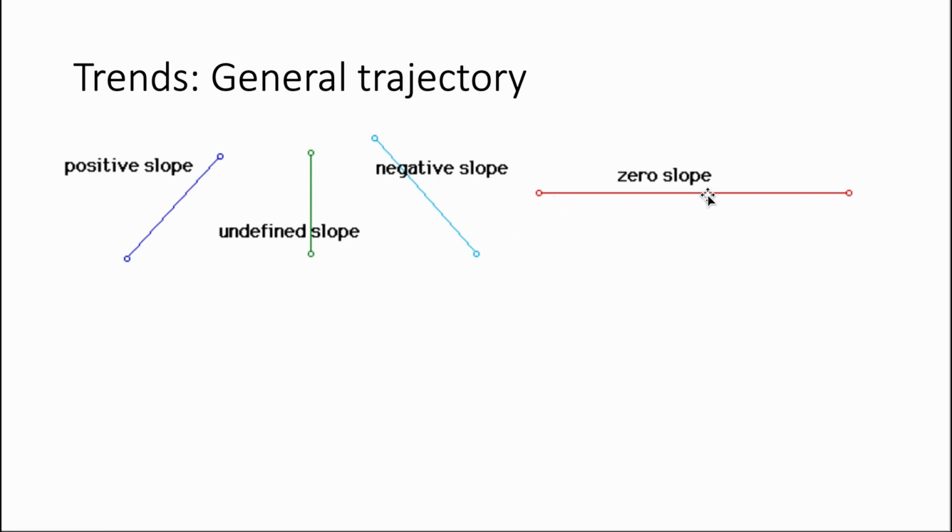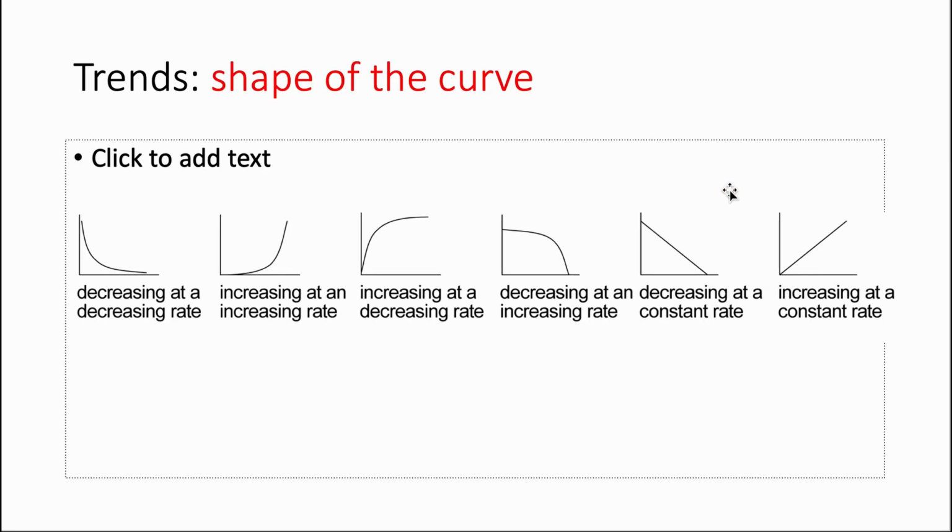And then a slope of 0: as the independent variable increases, the dependent variable stays the same. So as the independent variable, the x-axis, increases, the dependent variable stays the same. So therefore it is a slope of 0.